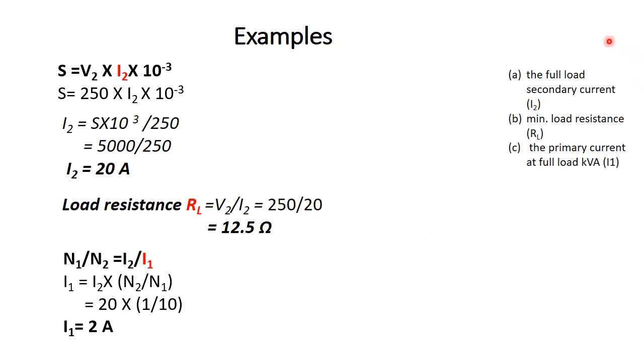Let's recap what is asked: the full load secondary current I2 is 20 ampere, minimum load resistance RL is 12.5 ohm, and the primary current at full load kVA, that is I1, is 2 ampere.